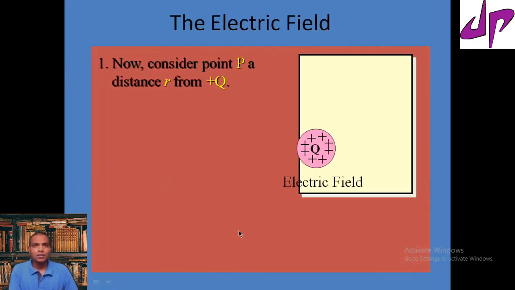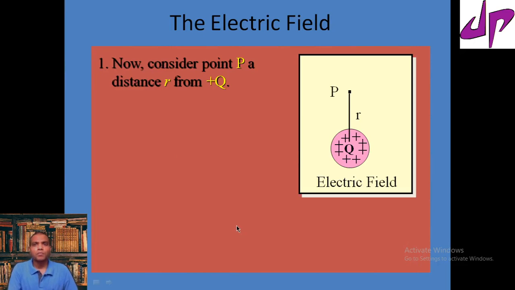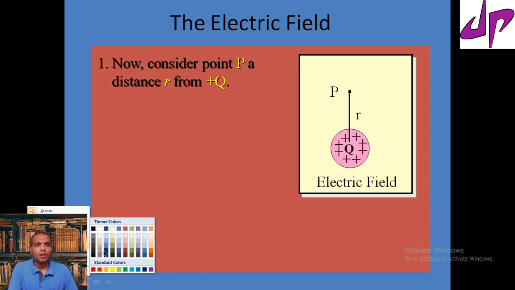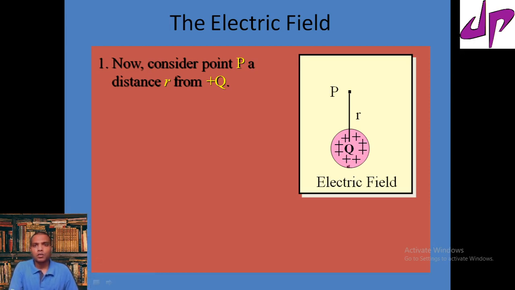Let us see what we discussed. Suppose you take this positive charge as a source charge, and at P you want to find the electric field.